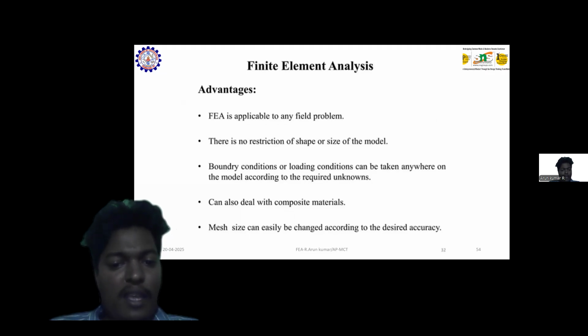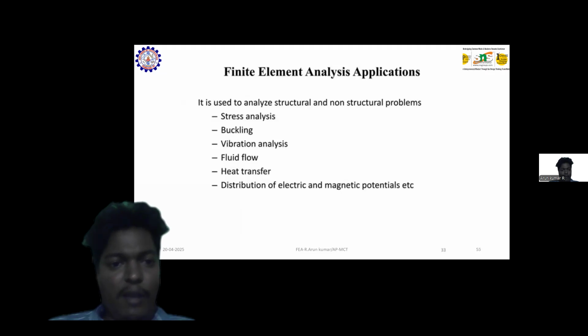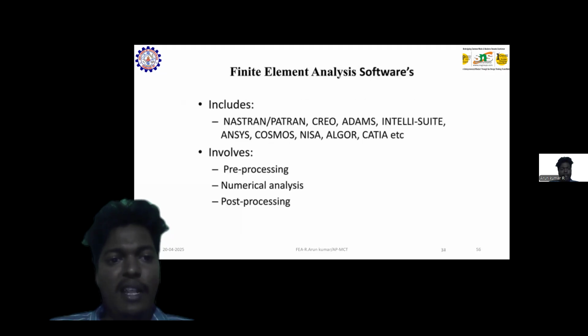It can deal with composite materials, and the mesh size can easily be changed according to the desired accuracy. It is used for different types of analysis: structural and non-structural problems, stress analysis, buckling, vibration analysis, fluid flow, heat transfer, distribution of electric and magnetic potential, etc.